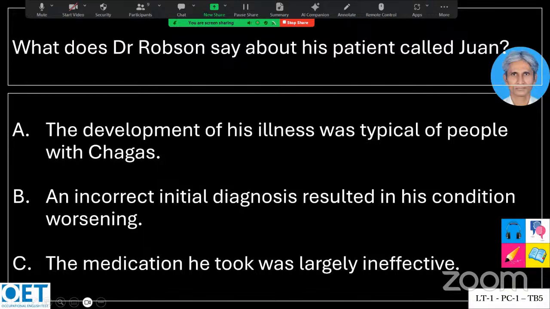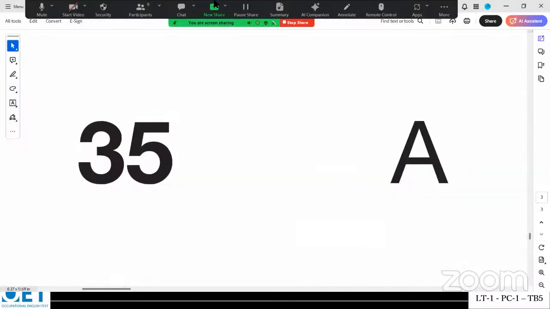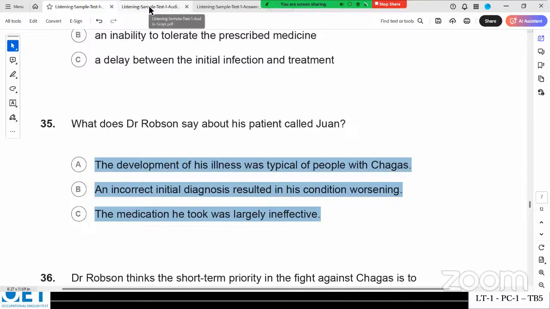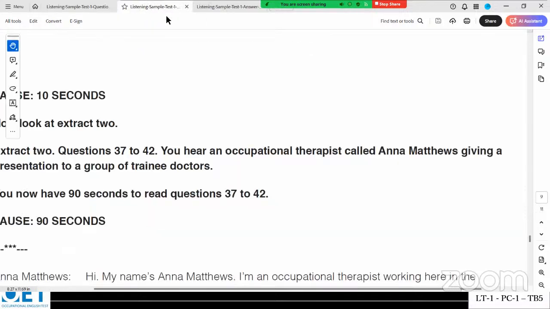It's delayed diagnosis, but not wrong diagnosis, right? It's not a wrong diagnosis, it is delayed diagnosis. They diagnosed late. Where is the incorrect initial diagnosis? Now let us see very carefully in the question part. So incorrect diagnosis. Diagnosis is the problem. Delayed diagnosis. Why could they not diagnose? Now let us go to the text here.